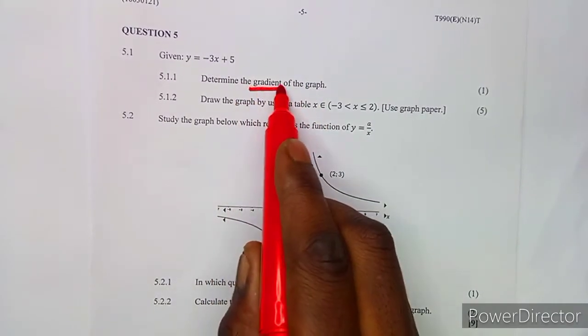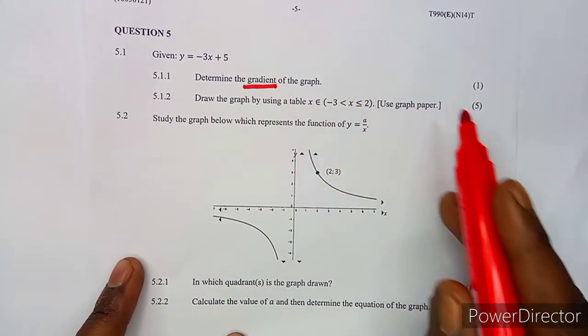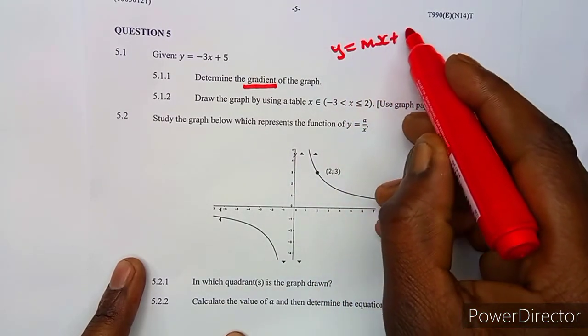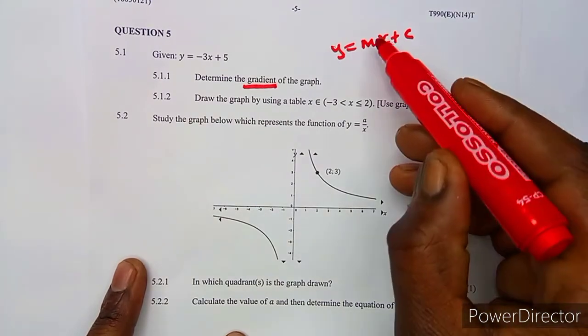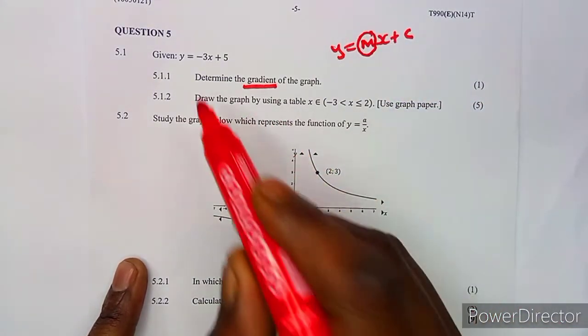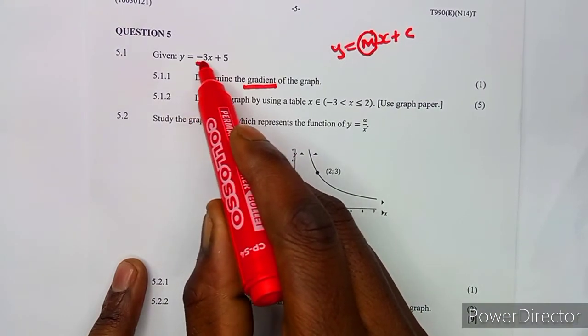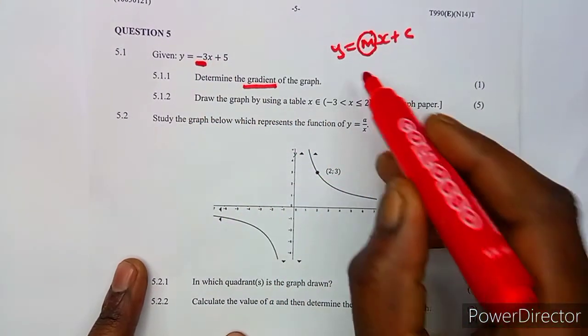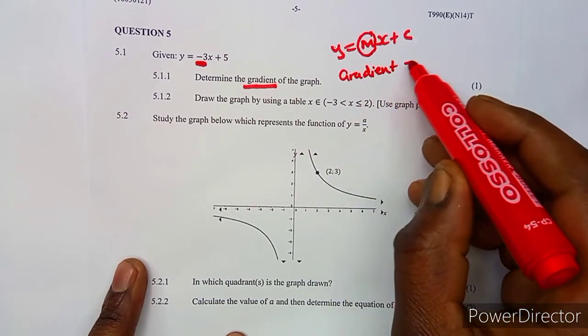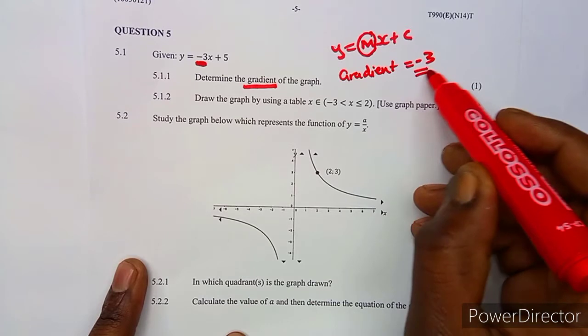Take note, guys, the gradient is the one that you obtain when you write your equation in this form, y is equal to mx plus c. Remember, I talked about this, where this m represents the gradient. So in this case, the number which is affecting x, which is minus 3, is your gradient. So the gradient in this case is equal to minus 3.